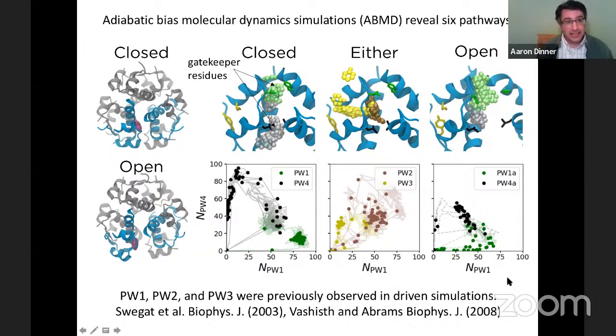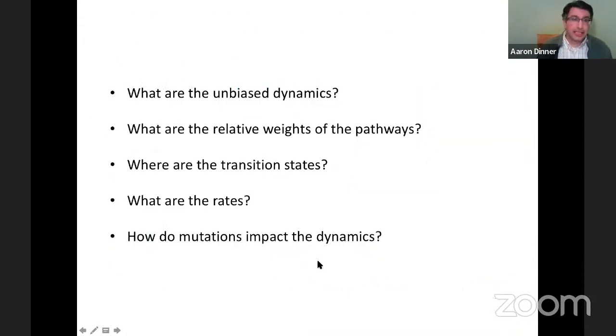But in all of these cases, both the earlier simulations as well as the simulation I'm showing you here, it's driven in some way, so they're biased. So what are the questions we want to ask? Just what are the unbiased dynamics? What are the relative weights of the pathways in that case?